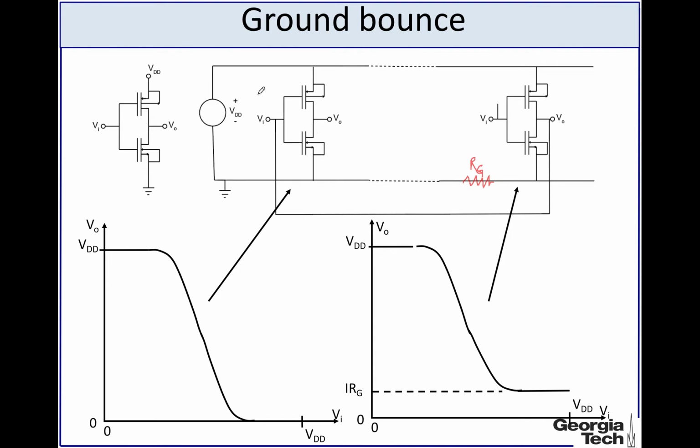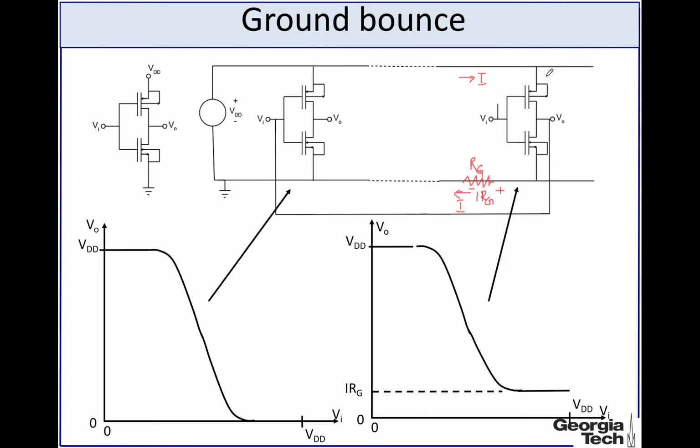Say the ground line has a resistance of RG, and for the sake of simplicity, let's say the supply line doesn't have a resistance. The supply line is wide enough such that its resistance is much smaller compared to that of the ground line. And let's say current that is flowing through this line is I, and the same I is returning this way. So as a result, the voltage drop across this resistance is IRG.